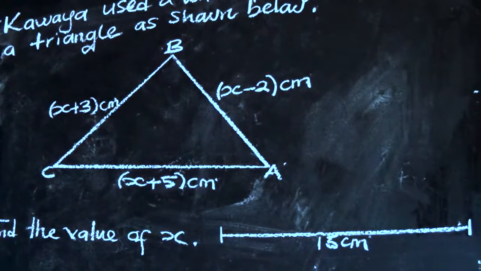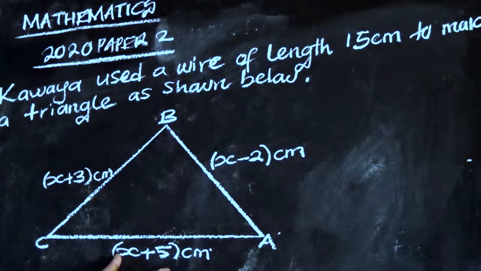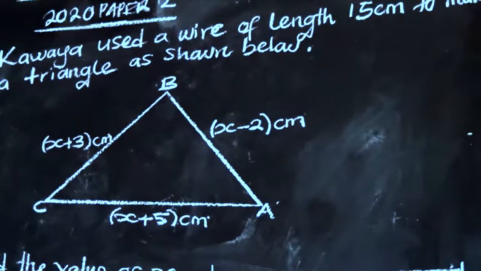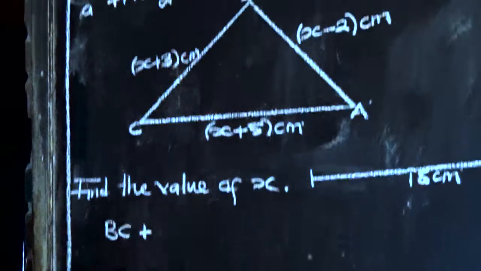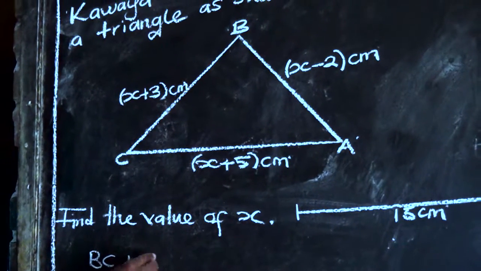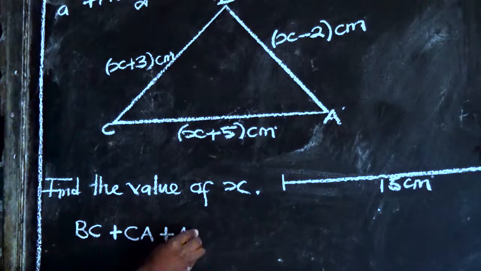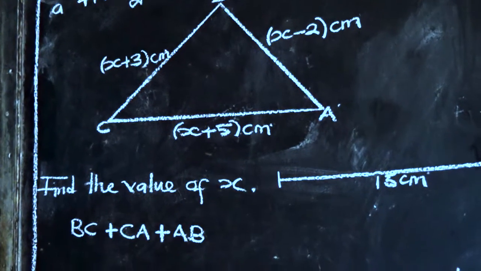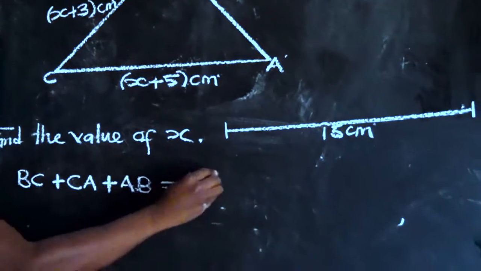Okay? So in this case, for us to find x, we're just supposed to add the length BC plus the length CA plus the length AB. It should be equal to what? What was the length of the wire? 15.